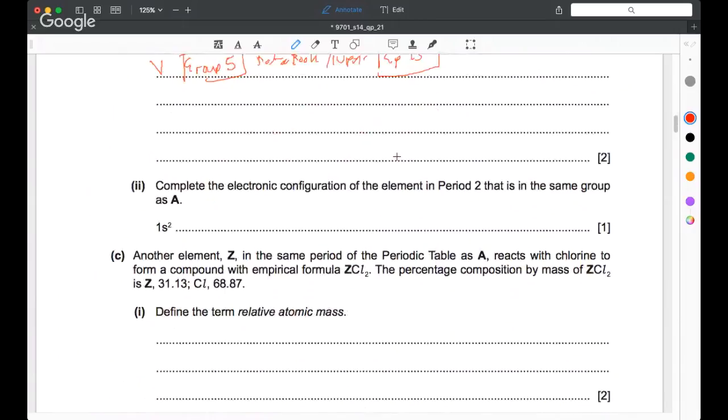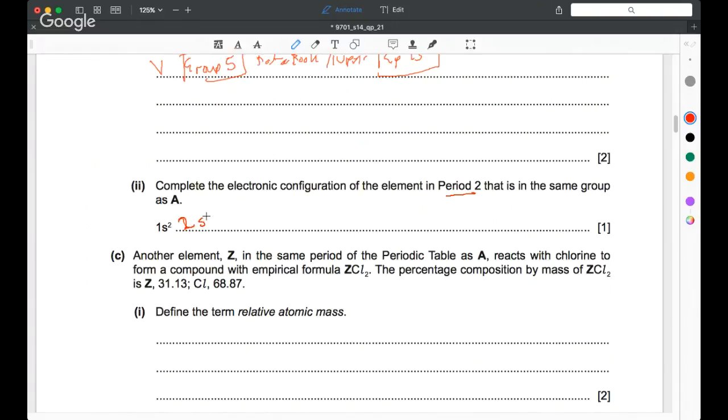Okay, so you've got to complete the electron configuration for this element in group 5. Well, you're going to have, aren't you, 5 electrons in the outermost shell, and it's in period 2. So you're into the second shell. And well, how are you going to fit 5 electrons into the second shell?